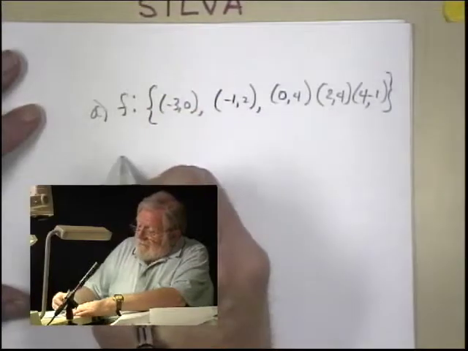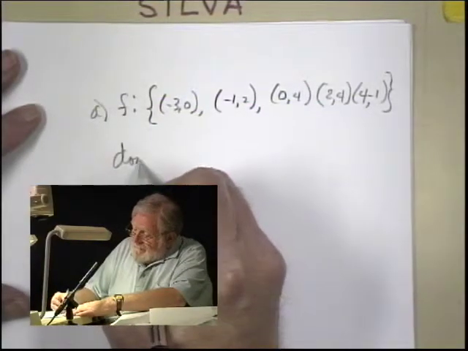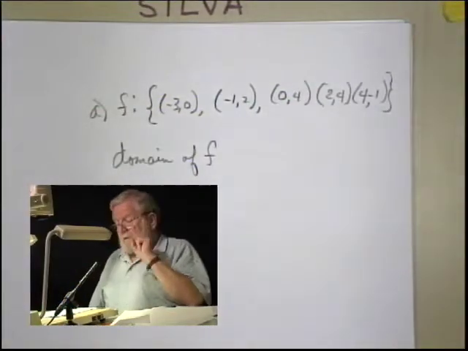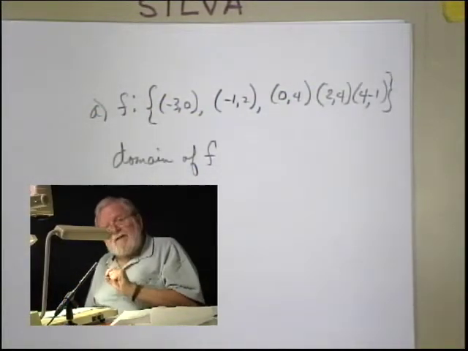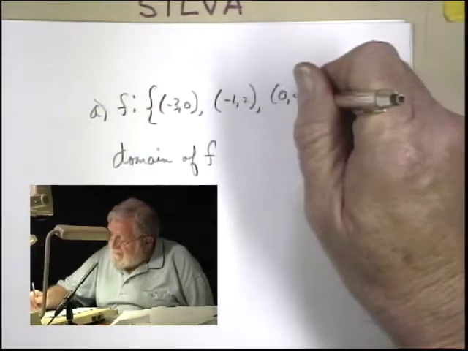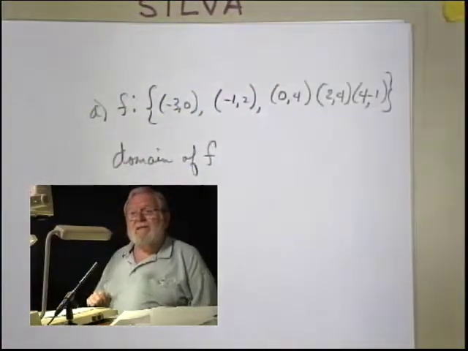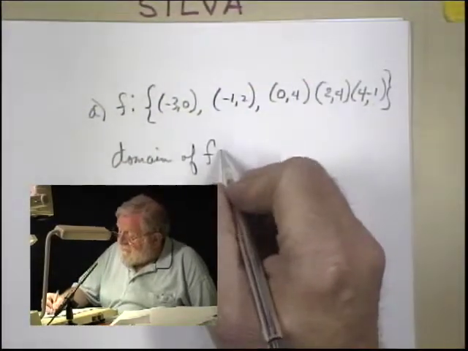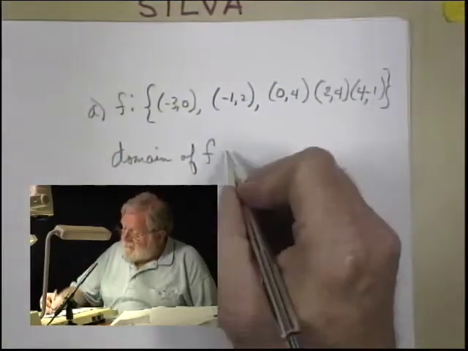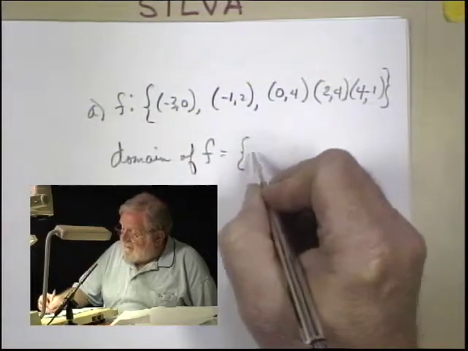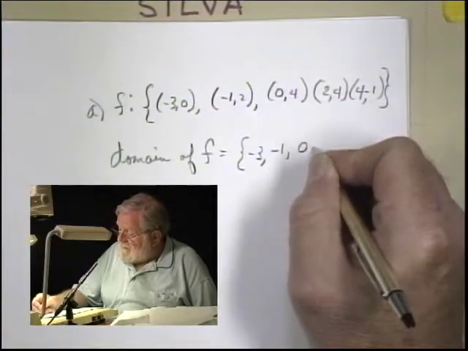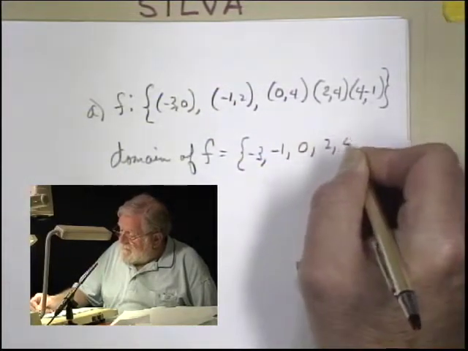Well, to find the domain of this function, it's very specific. The domain is very specific because we've been given specific ordered pairs. The domain of this function are all of the x values in these ordered pairs. So that would be the set -3, -1, 0, 2, and 4.